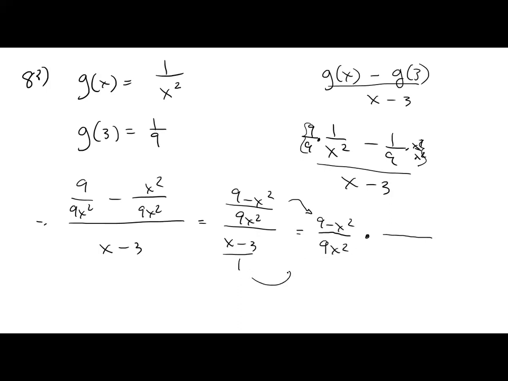This guy gets flipped to 1 over x minus 3. And the fun begins. Because notice this guy here is 9 minus x squared. What I have to do is turn it around, and because there's a minus there, I have to turn it around with a little negative in front.